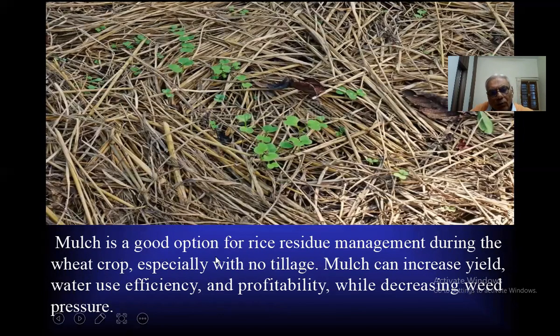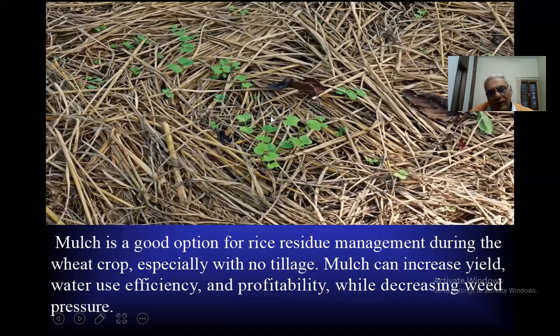Then mulch is a good option for rice residue management during the wheat crops, especially with no tillage. So mulch can increase yield, water use efficiency, and profitability while decreasing weed pressure. When you are using rice mulch, there will be the benefit of increased crop yield and water use efficiency, as the evaporation rate is decreasing.